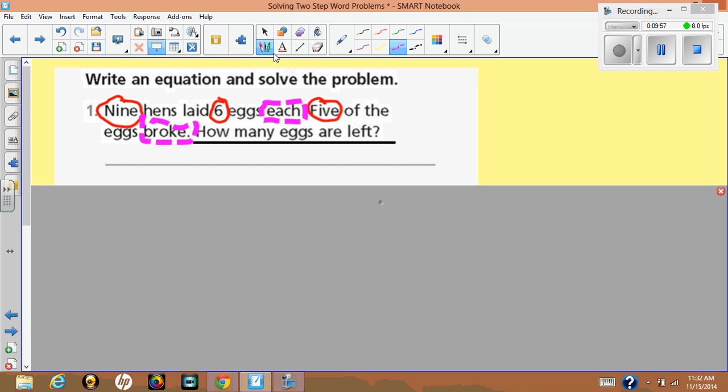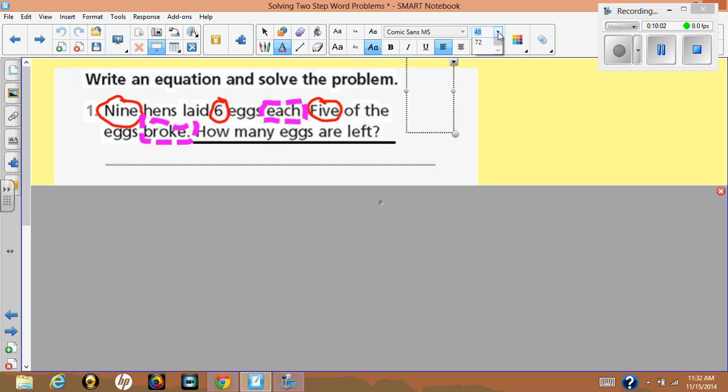Let's go ahead and open up, we're going to make this a little bit smaller so that we can solve it in the space we have. We have 9 hens that laid 6 eggs each. We know that each is a key to multiplication. So let's write 9 multiplied by 6.